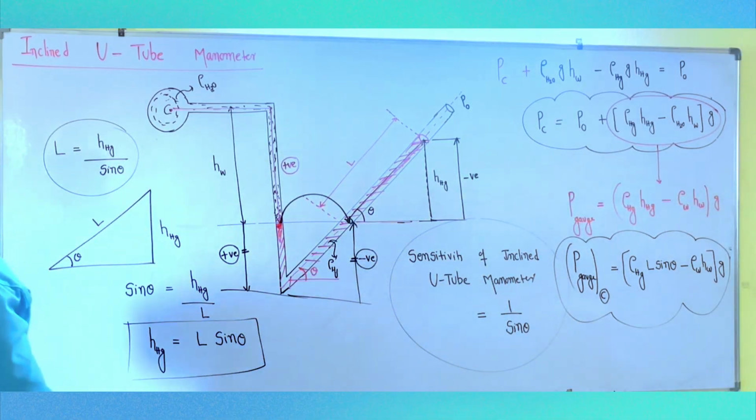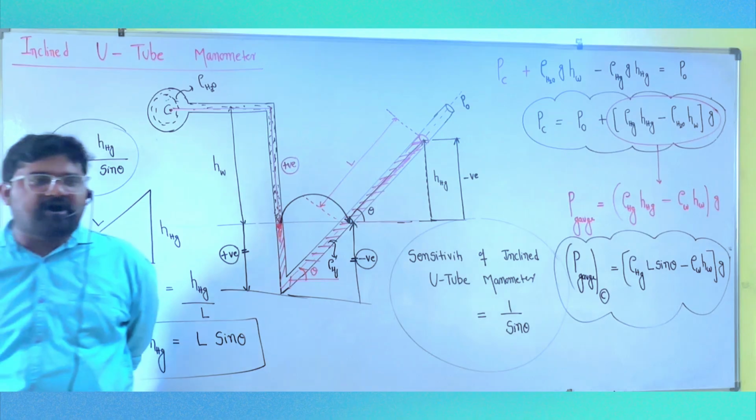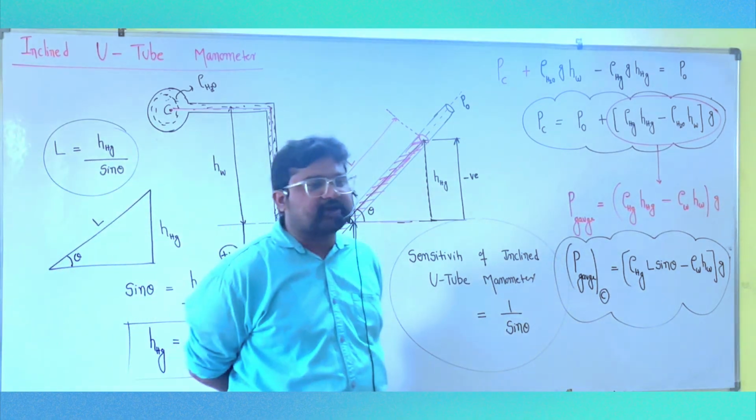Inclined U-tube manometers are used to determine small amount of pressures at a cross section.